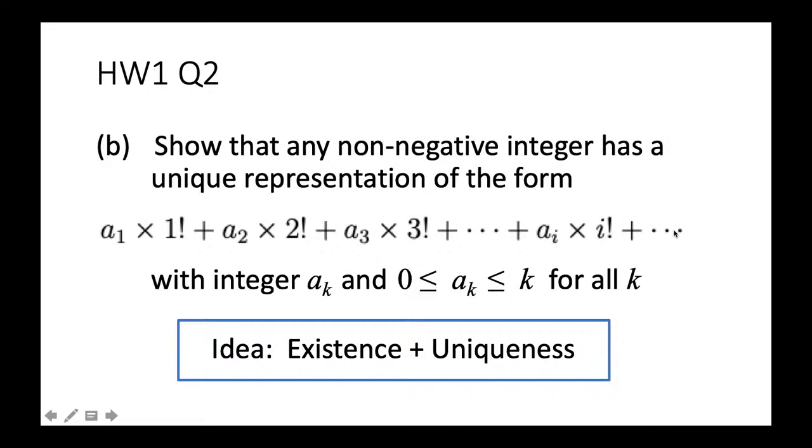All the other coefficients, an plus 1 and beyond, we just set to 0. How do we show this? This can be shown by induction, so I will leave this for you.